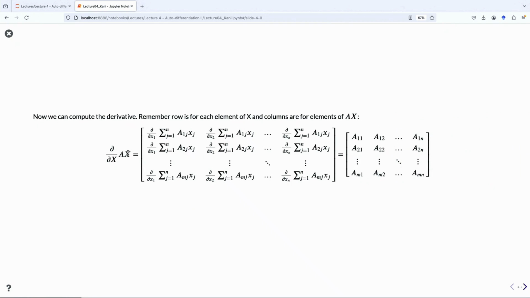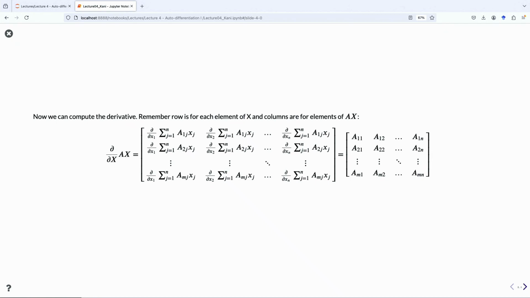So taking the derivative of this vector with respect to x, what does that do? It turns a vector into a matrix, right? Because for each value in Ax, we need to take the derivative with respect to x1, and then with respect to x2, and then with respect to xn, and we need to do that for every single value in Ax.